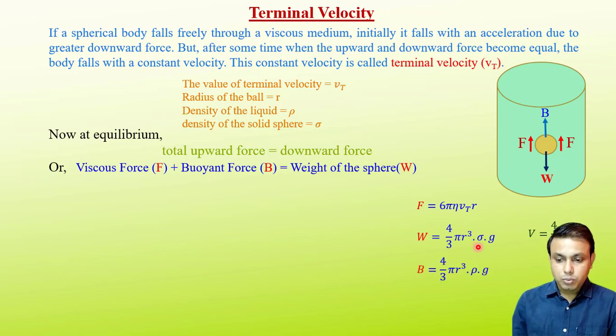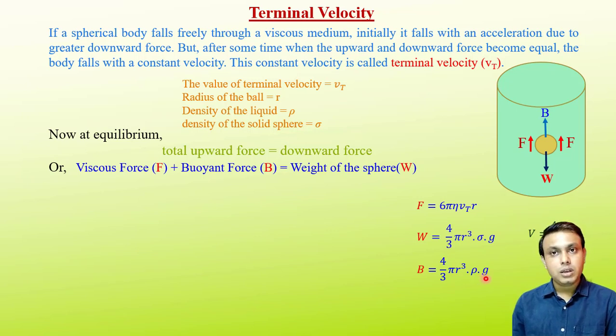And the buoyant force, what is buoyant force? This is the weight of the liquid displaced by the solid body. That means the volume of the liquid will be equal to the volume of the sphere, and the mass of the liquid will be that into its density, and for weight we are multiplying g.